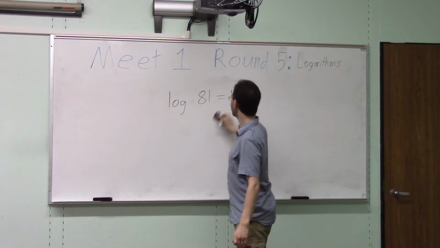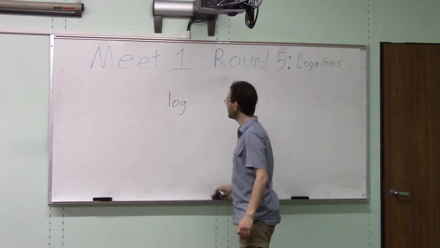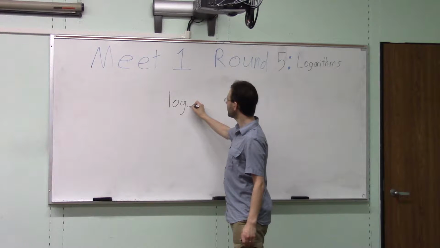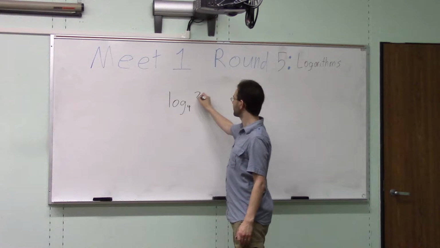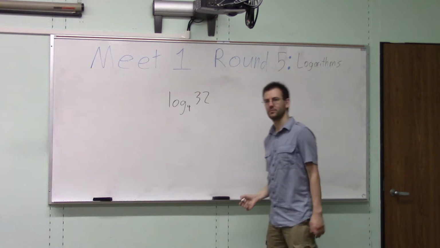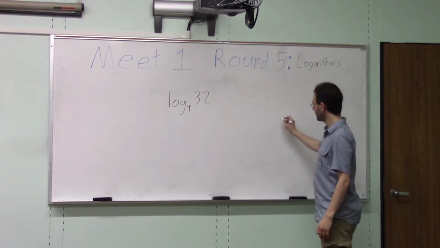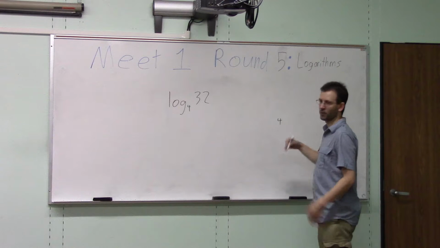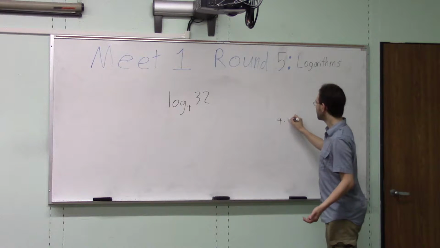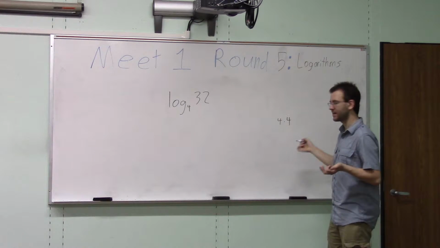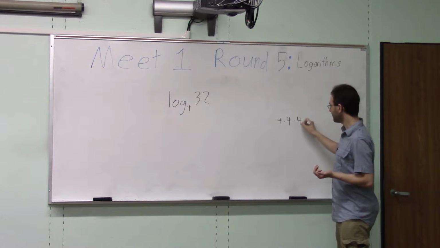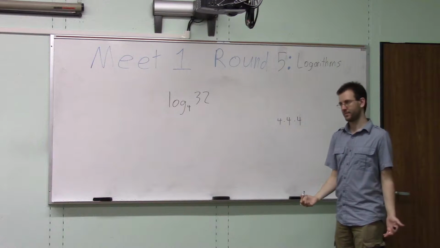Let me present you with a more complicated challenge. How many 4's are there in the number 32? Well, here's a single 4 it takes to make 4. It takes 2 4's to make 16, and it takes 3 4's to make 64.